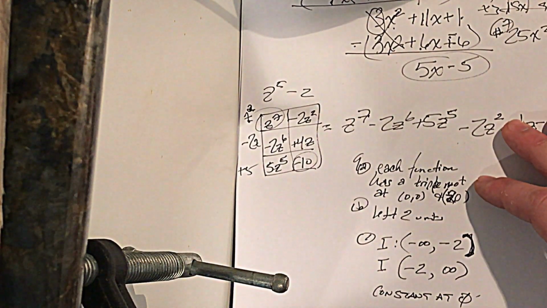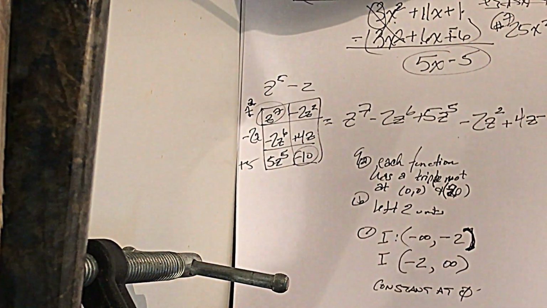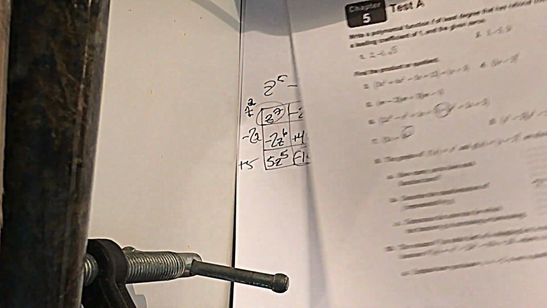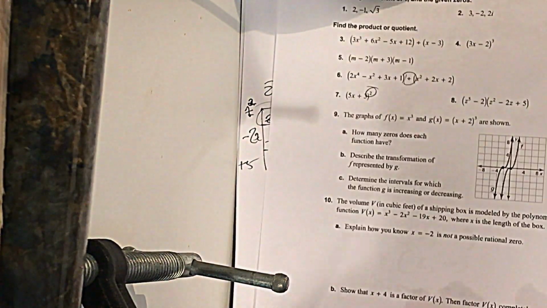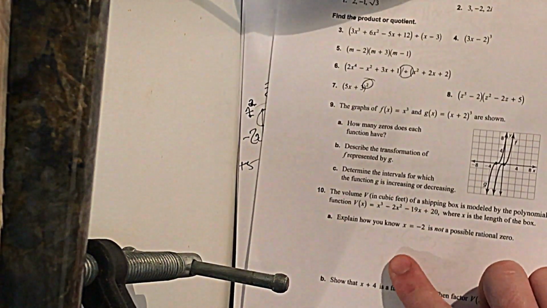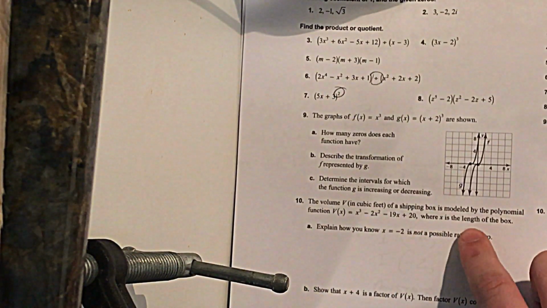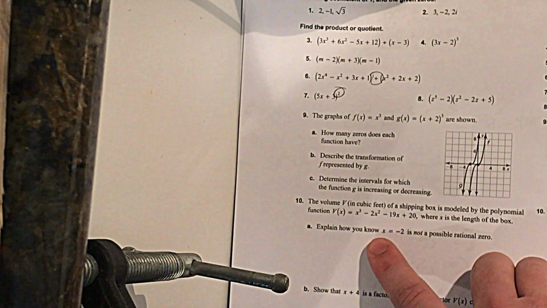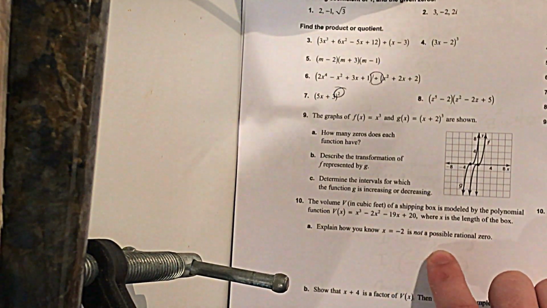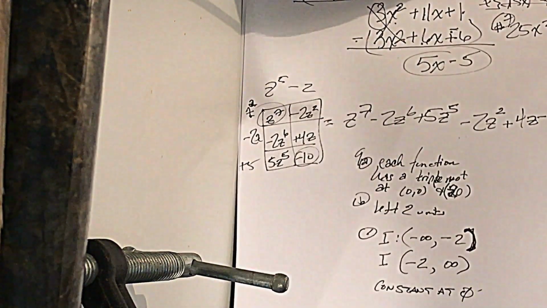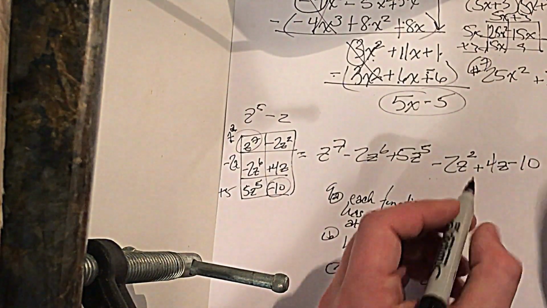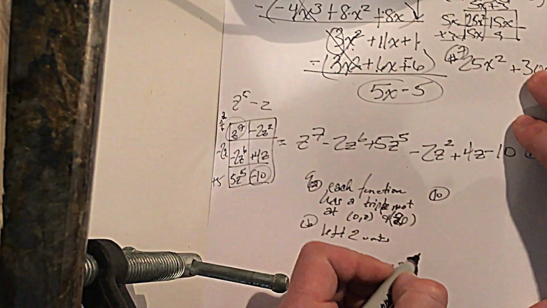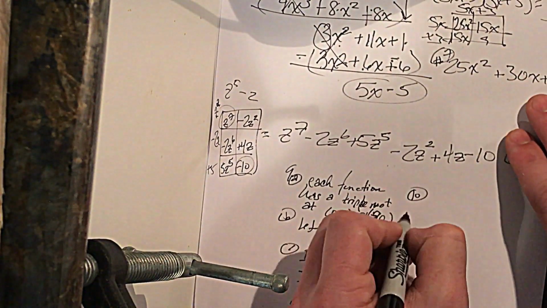Okay. Number 10 says the volume in cubic feet of a shipping box is modeled by this function, where x is the length of the box. Explain how you know that x equals negative 2 is not a rational possible zero. Okay, so number 10, they give you the function.